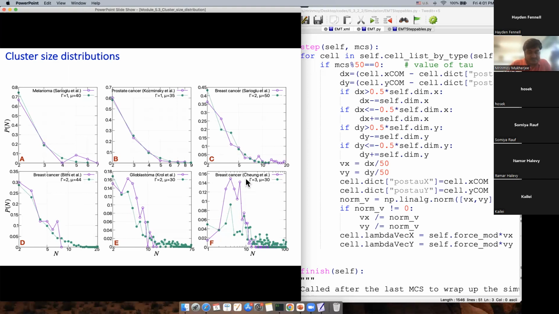But it is drastically different for breast cancer. Here there is a high peak around 5 to 6 cells, and a really low probability of getting smaller clusters of 1 or 2. So it is not an exact fit, but we managed to compare the data with the cluster size distributions.